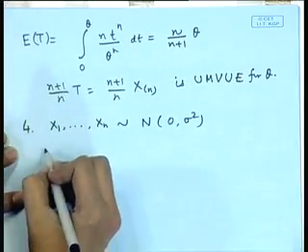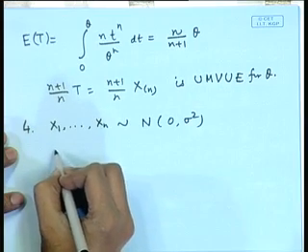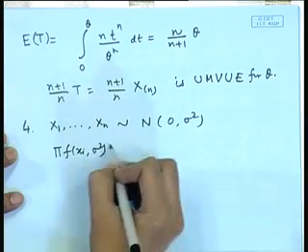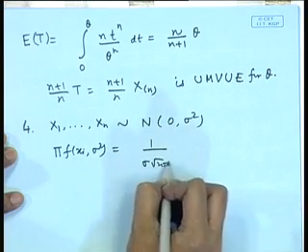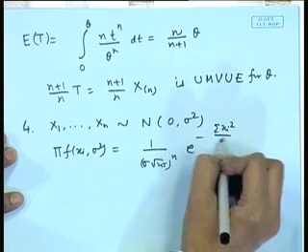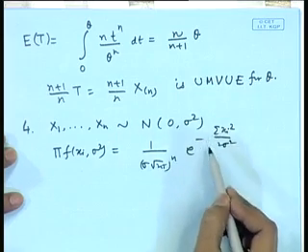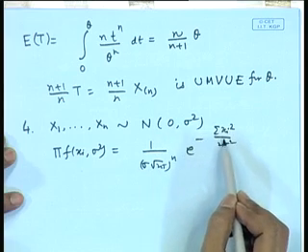Let us write down the joint density, because all the information will be derived from the distribution itself. So, the product of individual densities becomes (1/(sigma root 2 pi))^n e^(-sum x_i^2/(2 sigma^2)). Now, here you do not have to do anything, you just observe that the distribution belongs to the one parameter exponential family.